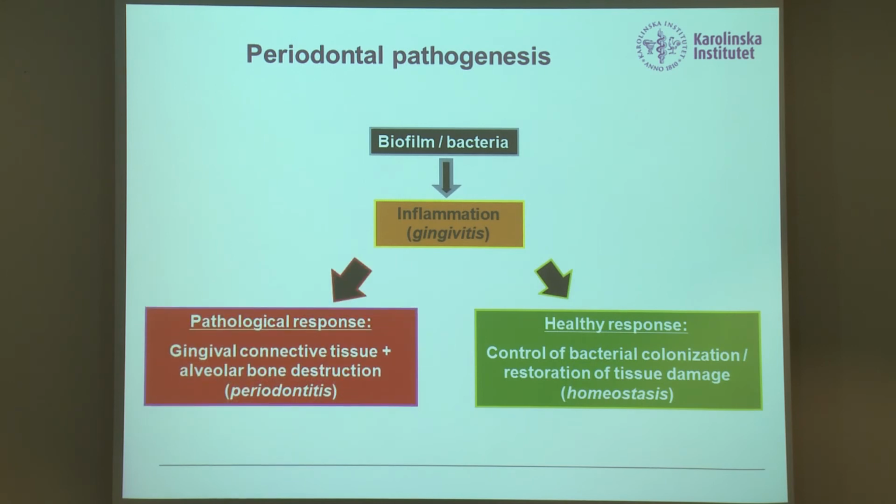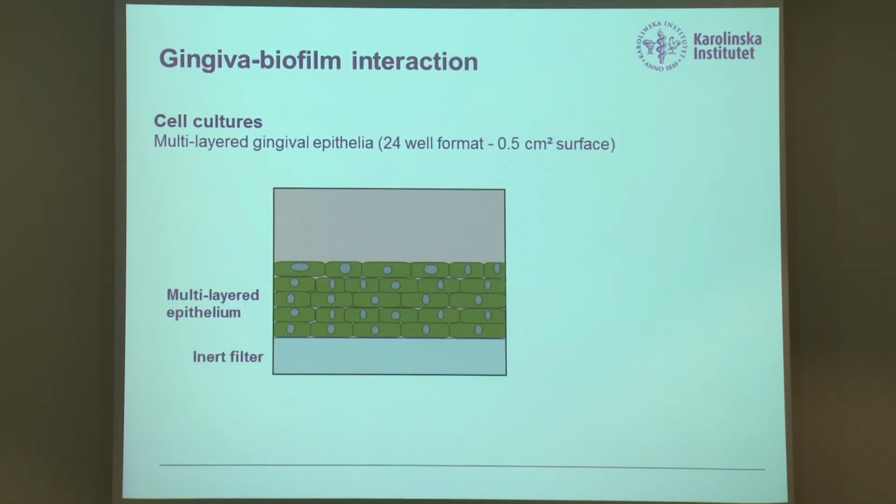But if the response is prolonged, then we will have a pathogenic response. The inflammation will now become destructive, and the gingival connective tissue, as well as the alveolar bone, will be lost. So, how to study this type of interaction?